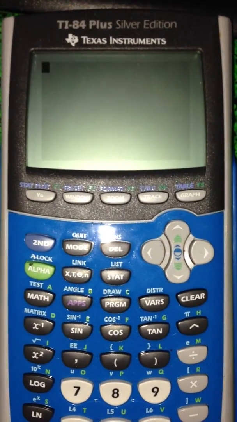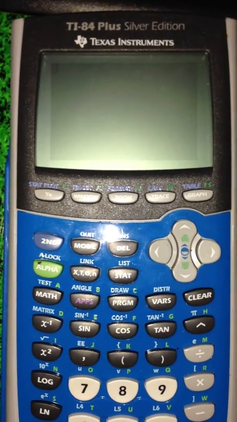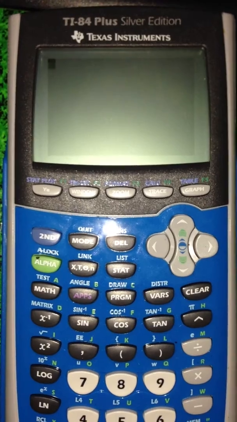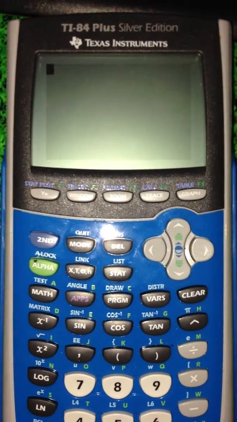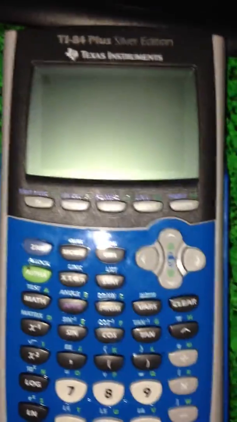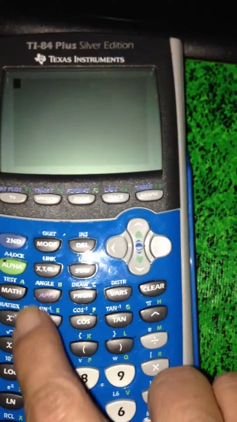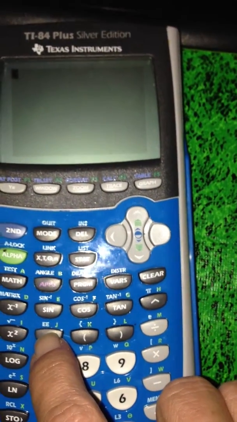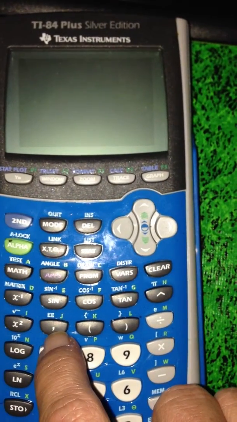Now when we're talking about going off to negative infinity, I'm going to use a negative e to the 10th power, and then I'm going to use a positive e to the 10 when I'm going off to the positive infinity. So let me just show you how to get those two values. If I want to get the exponential, that's right here on my calculator, the second function of the comma key.